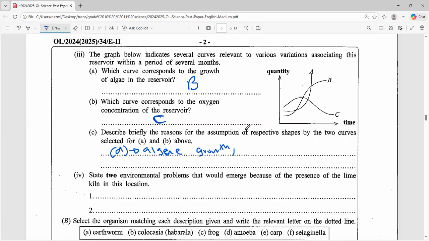So they will utilize oxygen to make energy, no? They'll use oxygen to produce their energy. Therefore, there can be a decrease in the oxygen concentration. The algae are basically utilizing the oxygen. Okay.